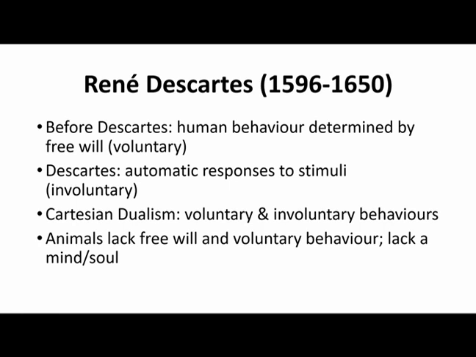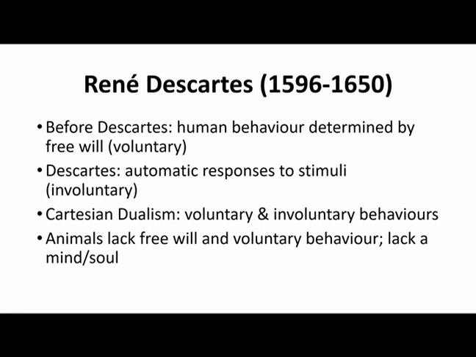And before Descartes, the general consensus was that human behavior was determined and controlled by free will. Basically, that everything that we did was voluntary and that we had conscious intent for all of our behaviors and actions. However, when Descartes came around, he decided to say that there were some automatic responses to certain stimuli, so we could have involuntary responses.